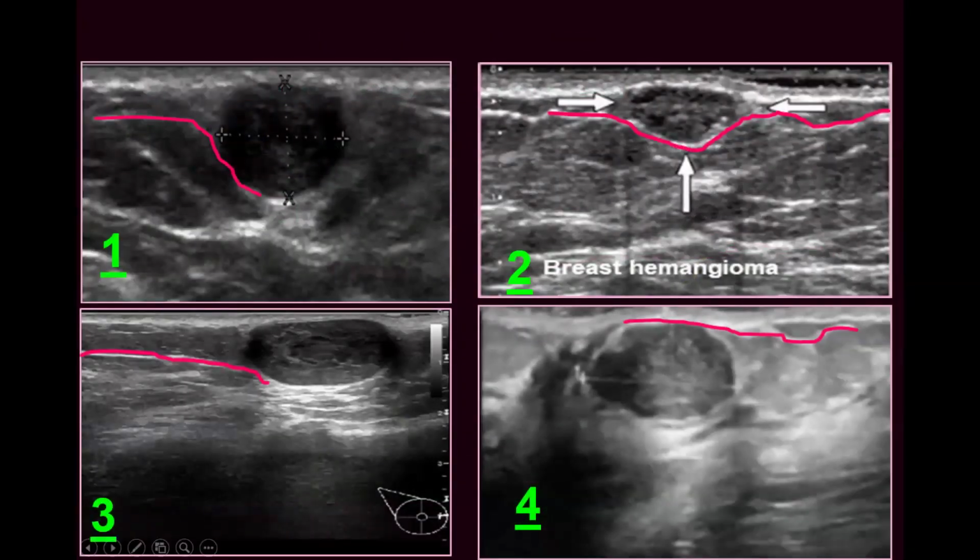Again, more examples. If you look here, this lesion is a proven epidermal inclusion cyst. Can you see it pushing the superficial fascia behind?